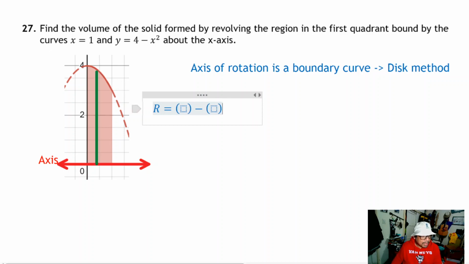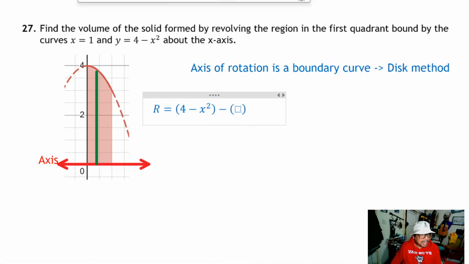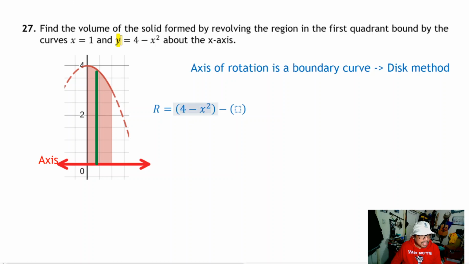So up over here the y-coordinate is 4 minus x squared. If you're reading, that's literally what it says right here. The y-coordinate is the same thing as 4 minus x squared. Then I want to subtract from that the y-coordinate down over here, and that y-coordinate down there is just 0. So let's do a little bit of color coding here.